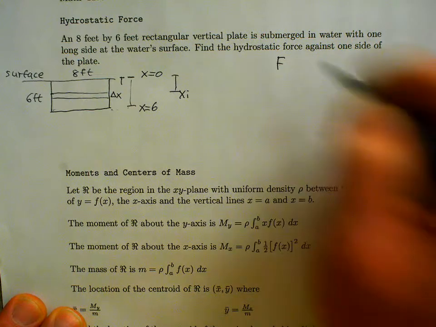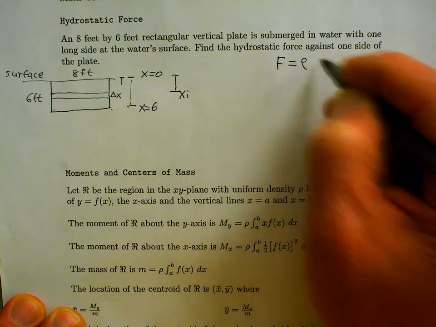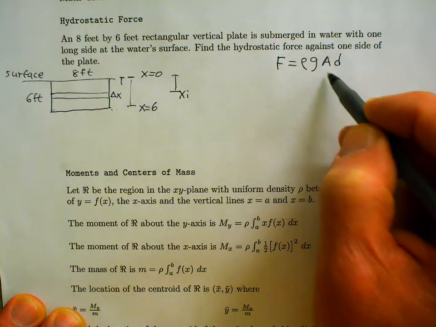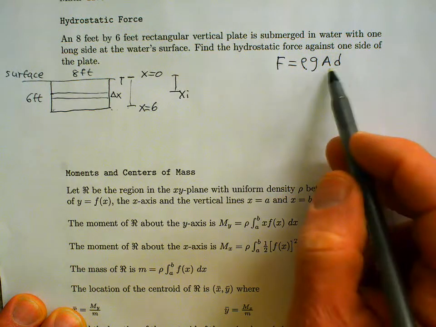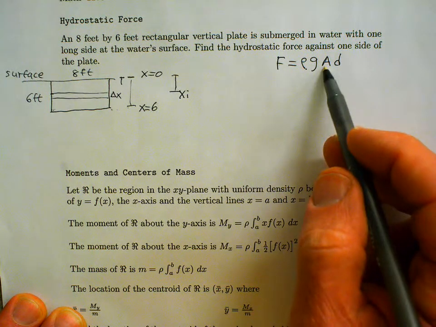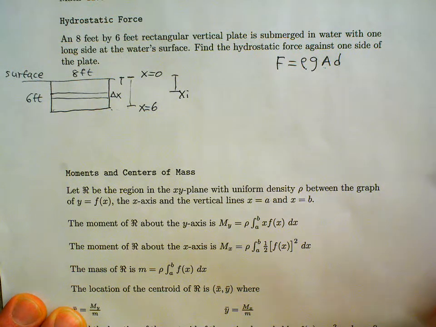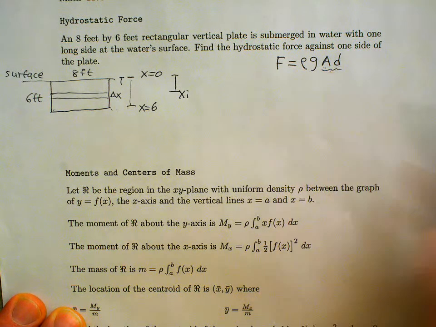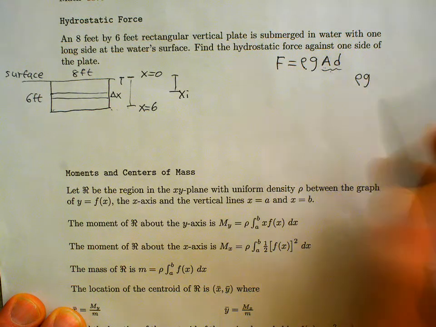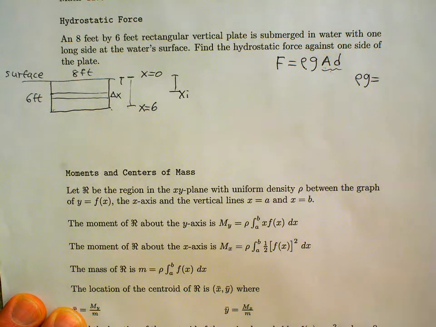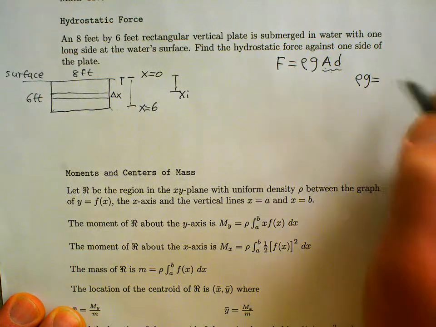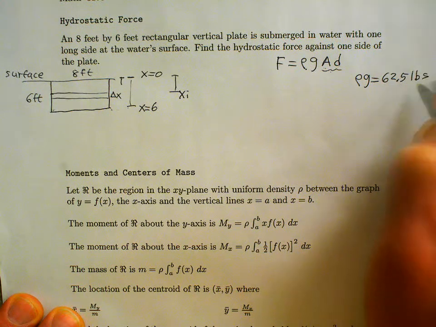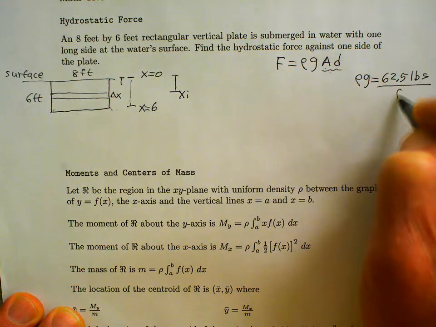So hydrostatic force F is rho times g times the area times the depth. If A times D is the volume in cubic feet, then rho times g is the number 62.5 pounds per cubic foot.